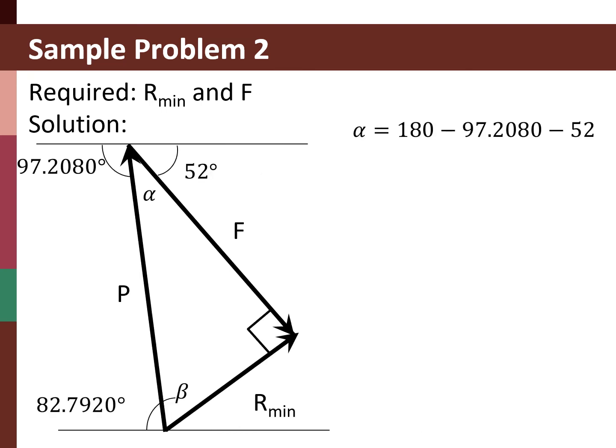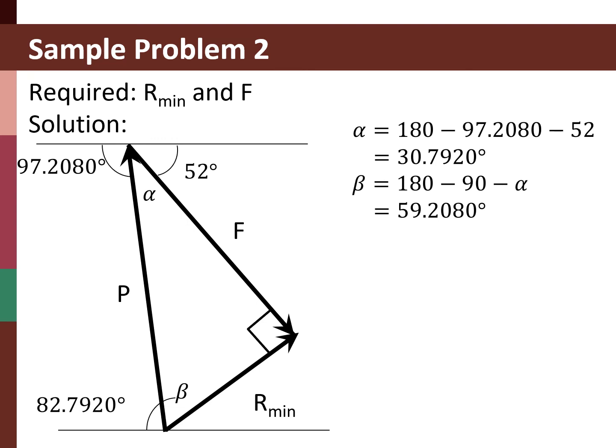To solve for alpha, we subtract 97.2080 and 52 from 180, giving us alpha equals 30.7920 degrees. To solve for beta, beta is equal to 180 minus 90 minus alpha, which is 59.2080.